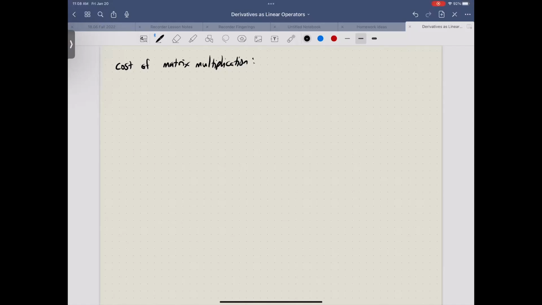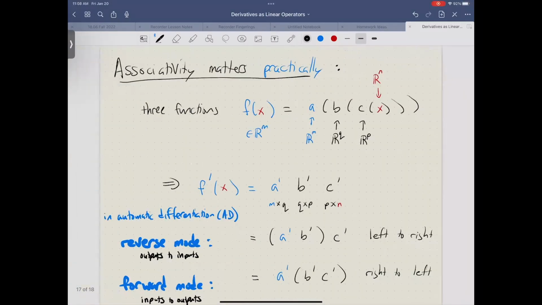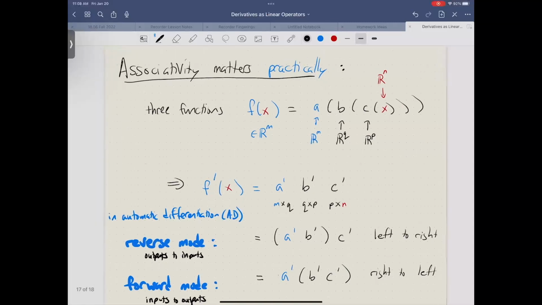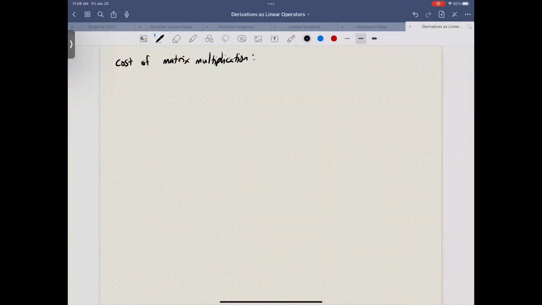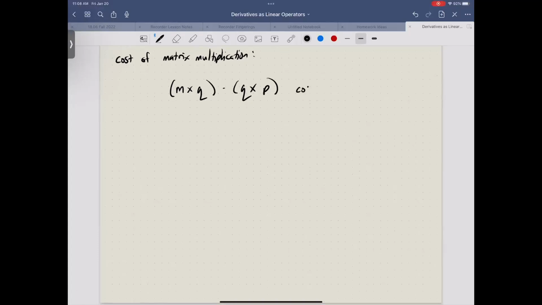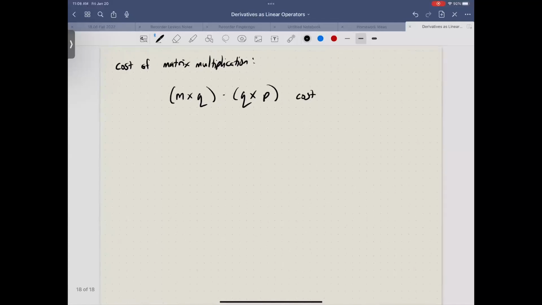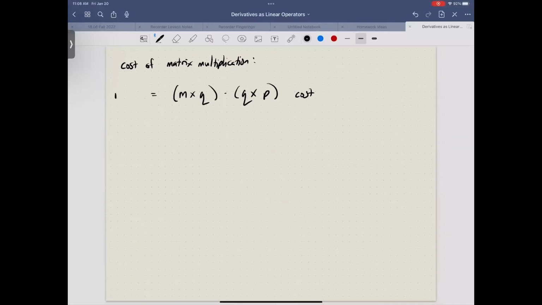So if I multiply an M by Q matrix times a Q by P matrix, the result of this is, of course, an M by P matrix.